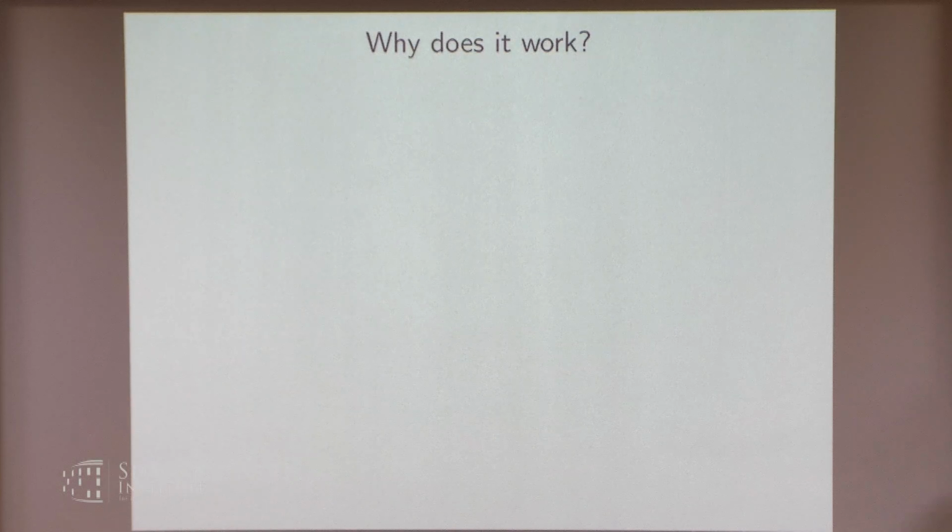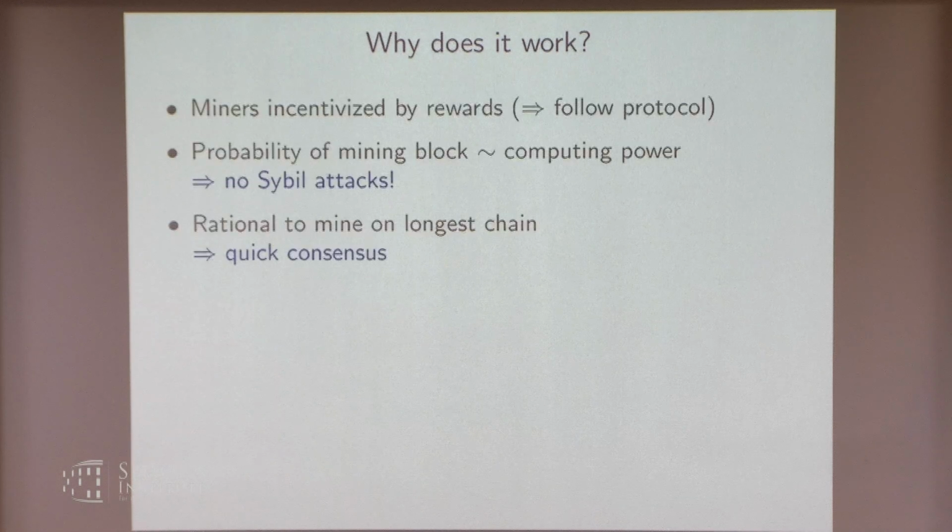Okay, so now that we've seen all the components of it, how does this self-enforcing mechanism work? The miners are incentivized by reward. So if Bitcoin has some value, then it's rational to try to mine and follow the protocol. The probability of mining a block is proportional to the computing power, so the problem of Sybil attack is avoided.